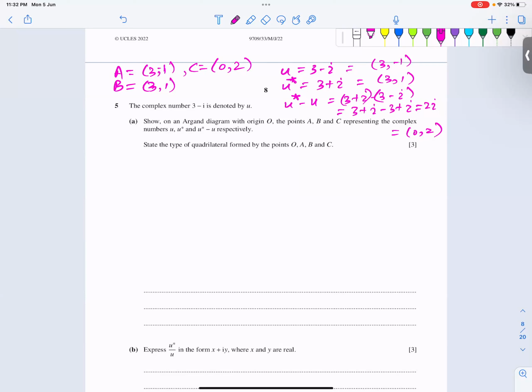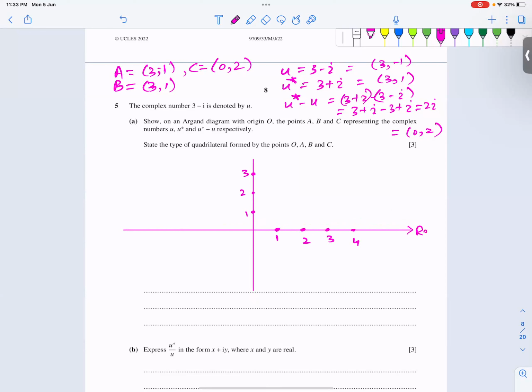Okay. Now, first of all, draw the X and Y coordinates. Here we have 1, 2, 3, 4, then 1, 2, 3.